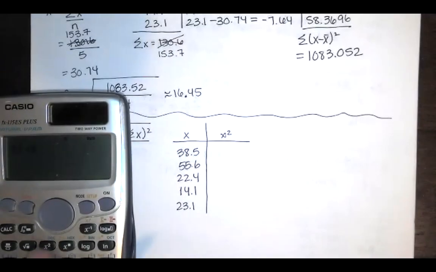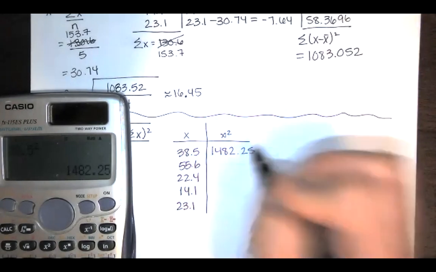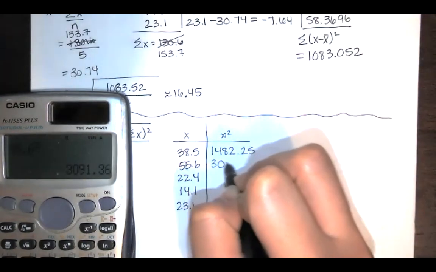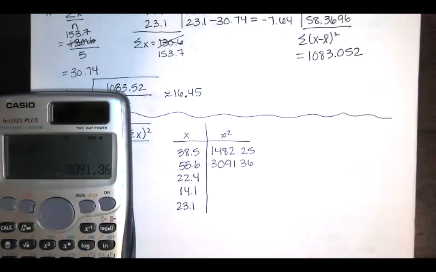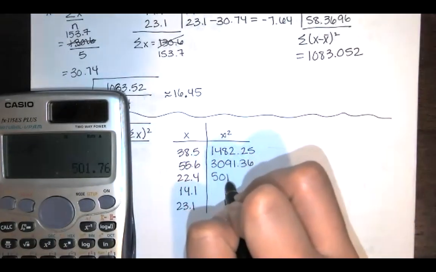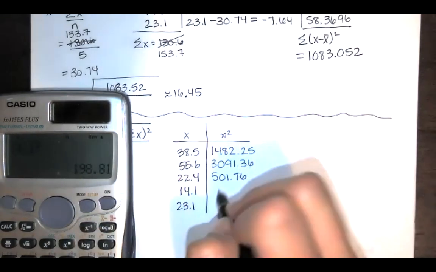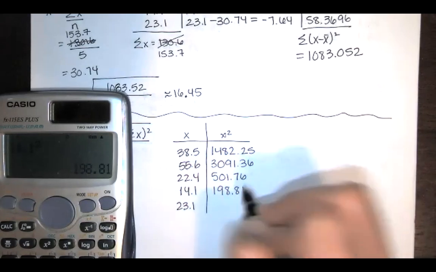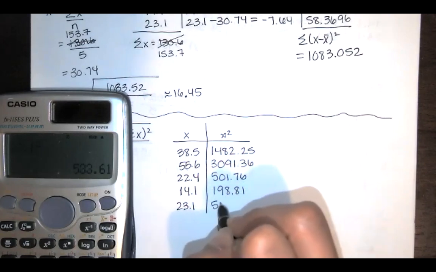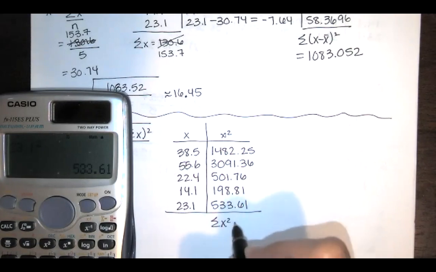So 38.5 squared, 55.6 squared, 22.4 squared, 14.1 squared, and 23.1 squared. And then I add those up to get the sum of the x's squared.